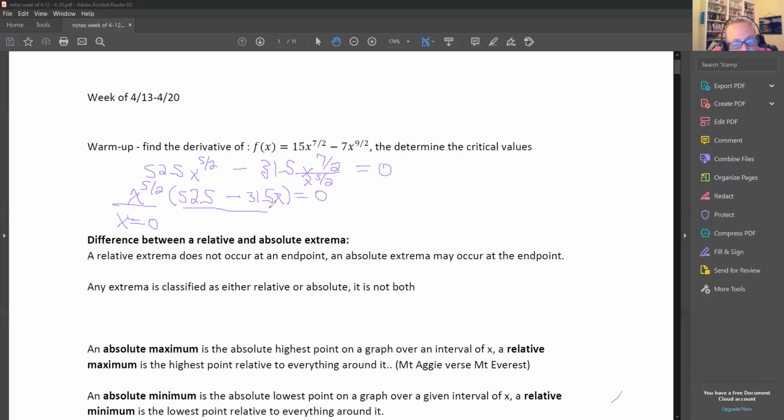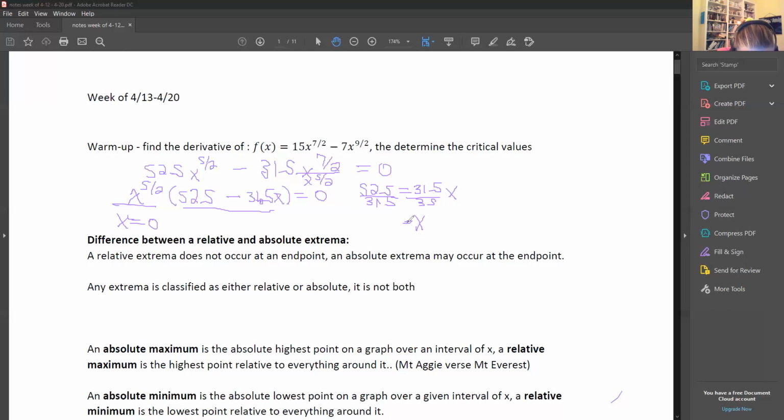And if I set this equal to 0, I get 52.5 equals 31.5x. And divide by 31.5. And I'm going to use my calculator. 52.5 divided by 31.5, and I get 1.666.